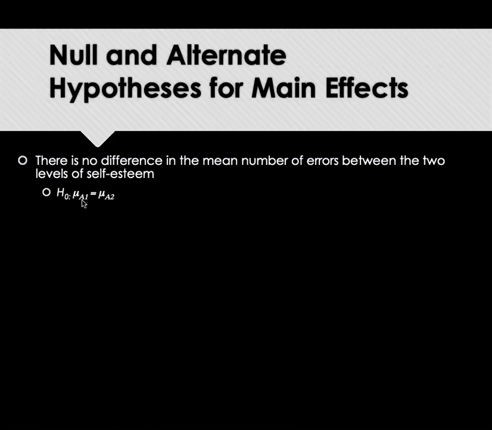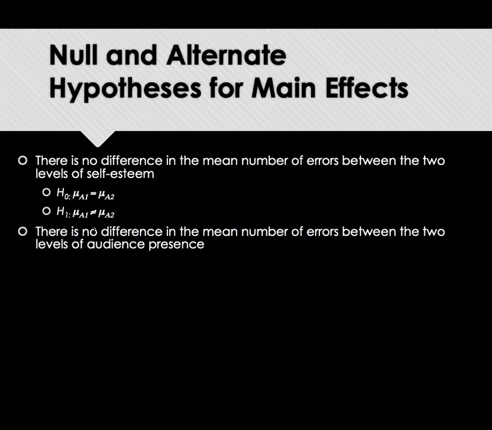The mean for low self-esteem equals the mean number of errors for high self-esteem. No effect. The alternate hypothesis would be that there is a difference in the mean number of errors between the two levels of self-esteem. So the mean for low self-esteem does not equal the mean for high self-esteem.